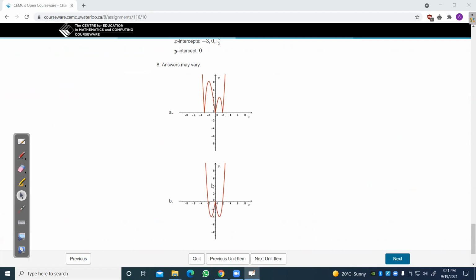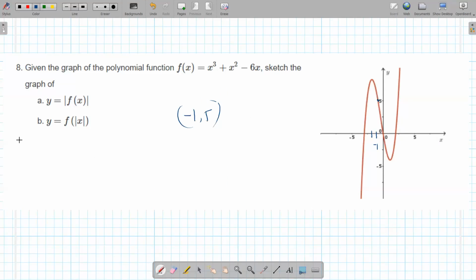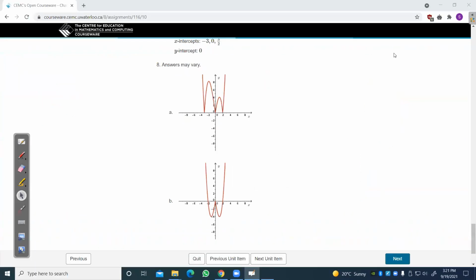Yeah, to the left, but all the x values are negative. I didn't know if the absolute value had to be on the x's, if it was for the y or x's. Yeah, I'm not sure how they got this point.